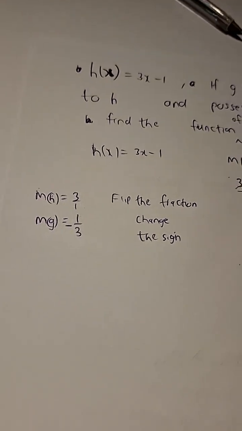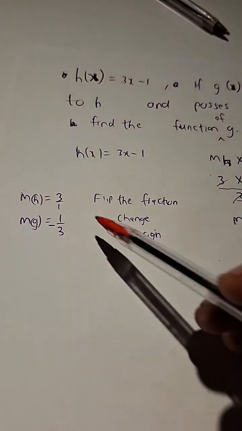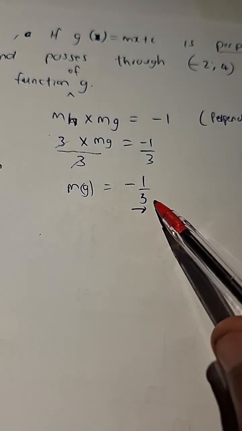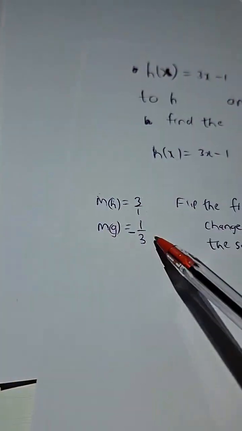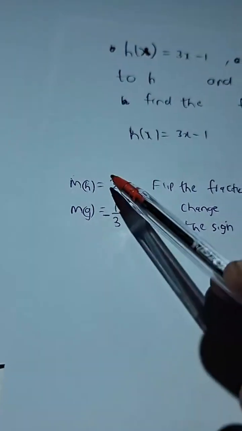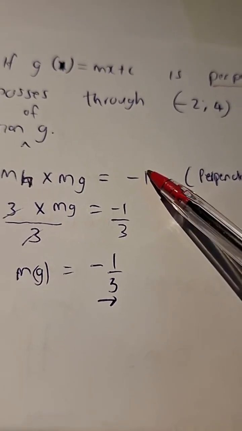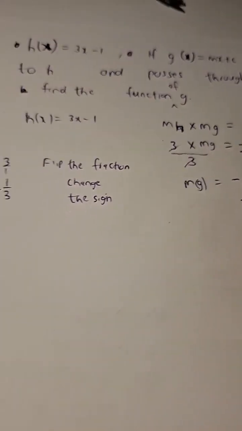So the gradient is -1/3. When you multiply these two together, you get the product, the outcome, which is -1, which works out nicely, guys.